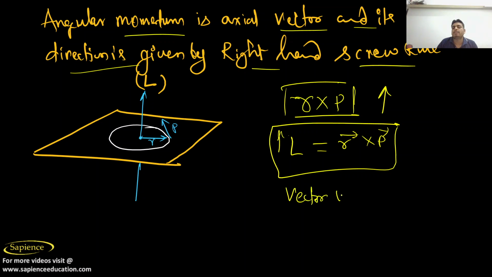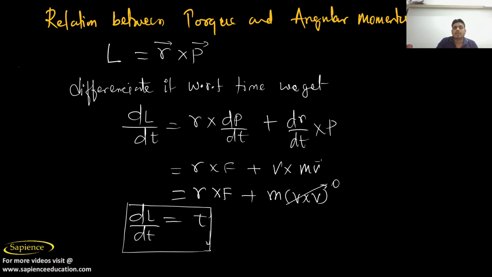Finally, angular acceleration alpha, angular velocity, and angular momentum L are all in the upward direction. So you have understood the gist of angular momentum. Now let us consider the relation between torque and angular momentum.